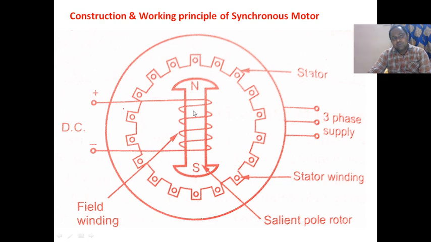The stator has poles, the rotor has poles. If the stator south pole and the rotor north pole are aligned, unlike poles attract each other. If stator north and rotor north poles interact, like poles repel each other.